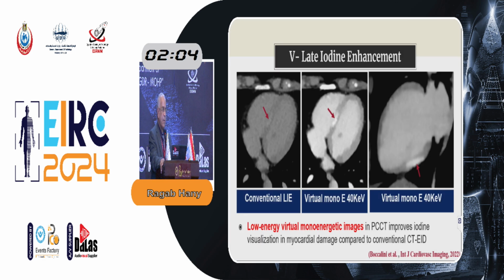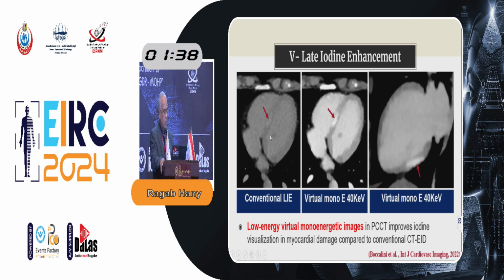Late iodine enhancement is another innovation that can be seen by the photon counting CT scan, because here we have high resolution, and you can use low energy kilovolts, so you can enhance the amount of contrast. Here we have a conventional late iodine enhancement CT scan in this patient.